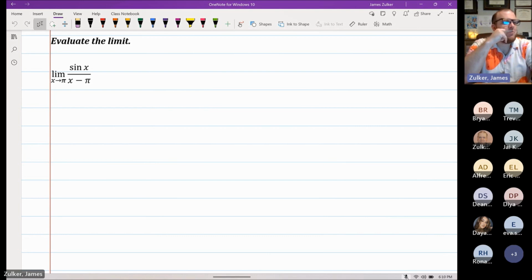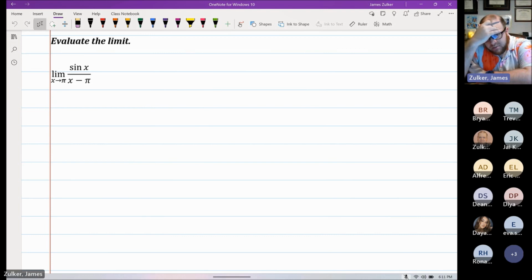So we're going to be using L'Hopital's rule to evaluate several limits. If we plug in pi, we get 0 over 0, right?